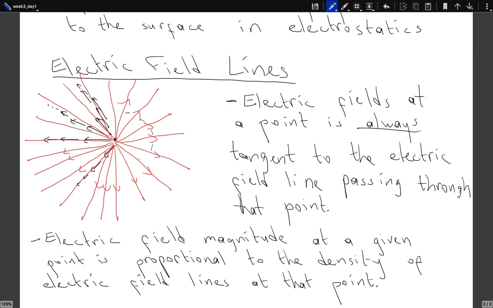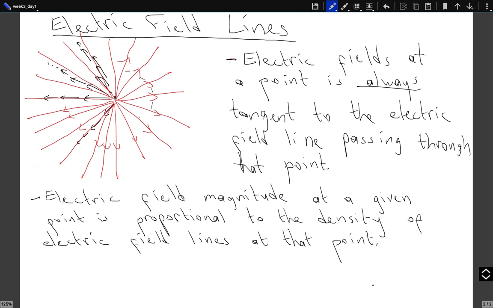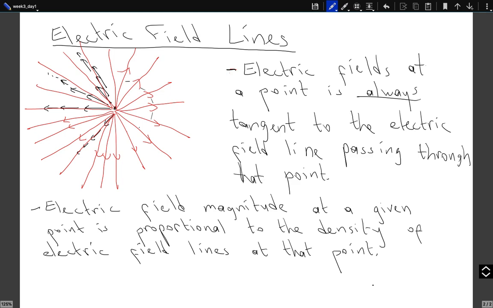If you would like to use the electric field lines to determine the magnitude of the electric field, you have to draw many electric field lines so that they can be almost treated as continuous. Now, this property is valid because the electric field, the Coulomb law, has this 1 over r squared behavior.